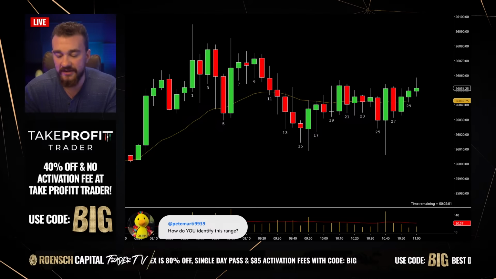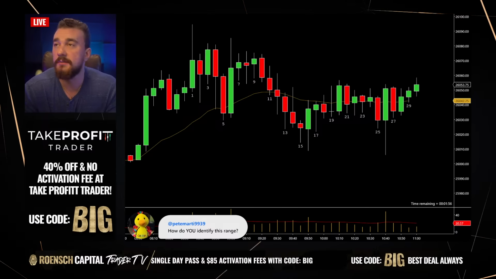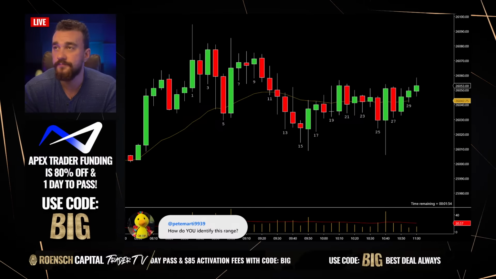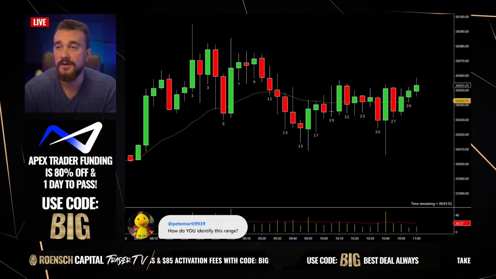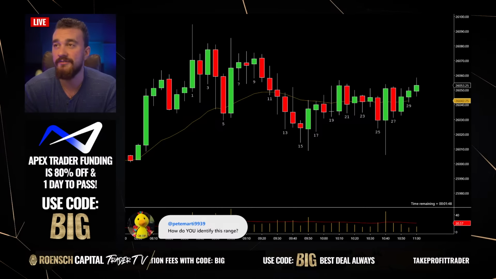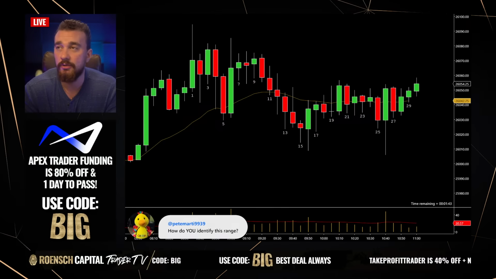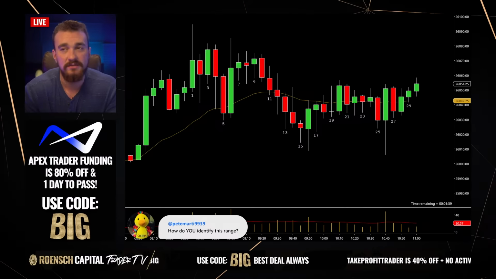Pete, how do you identify this range? Whenever somebody messes up the context, I always shout from the rooftops the one thing that helps me a lot if you're having trouble identifying context. You gotta look at the recent bars. How many? There's not a number.